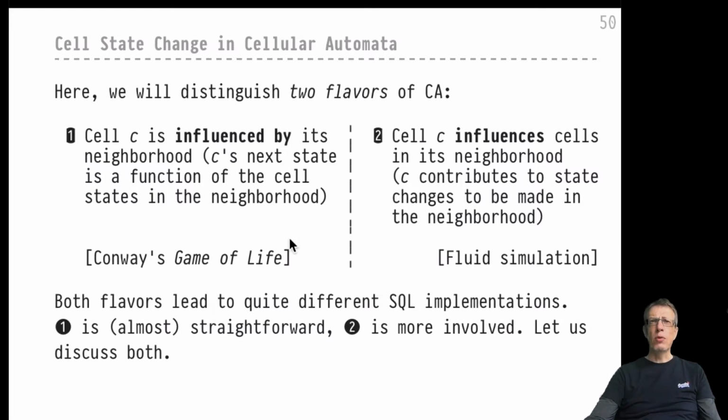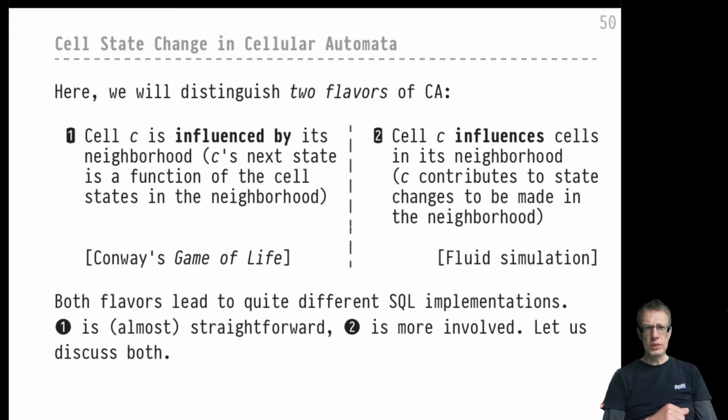This is the type of cellular automaton in which a cell C is influenced by its neighborhood. All right, so what the neighborhood of a cell actually comprises is more specifically defined on the next slide. But any C will be surrounded by neighboring cells. The state of these cells, maybe the presence or the absence of these neighboring cells, will influence the state of our cell C in the next generation of our cellular automaton.